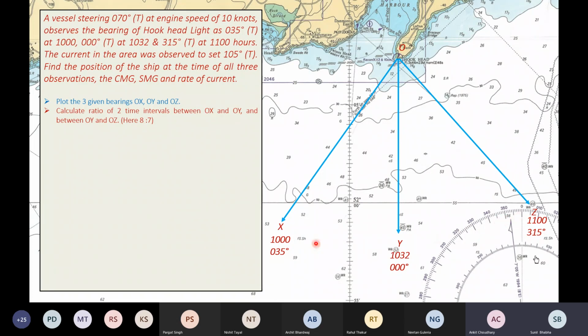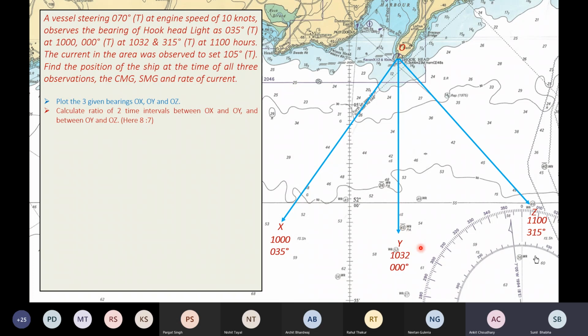I repeat, we have to calculate the ratio of the two time intervals between first and second bearing, that is OX and OY, and second and third bearing, that is OY and OZ. Now in our case, the time interval between first and second bearing, that is 1000 and 1032, is 32 minutes.